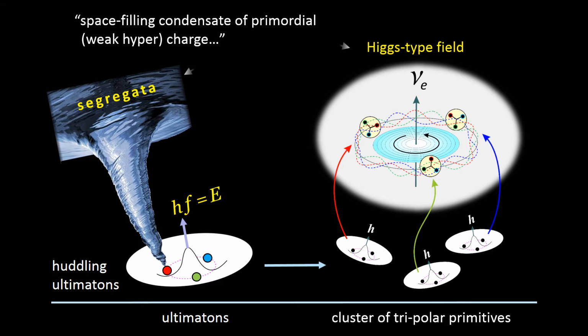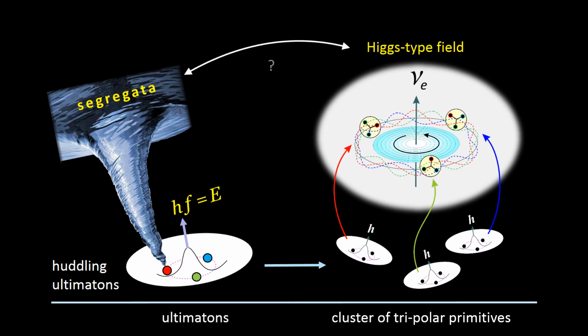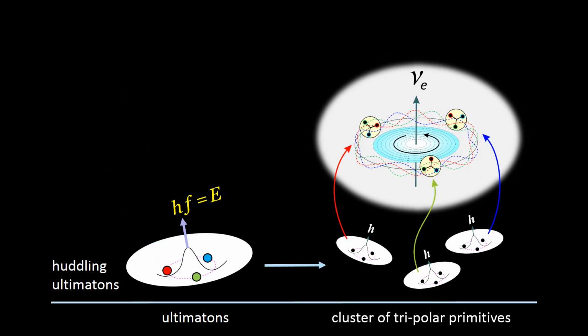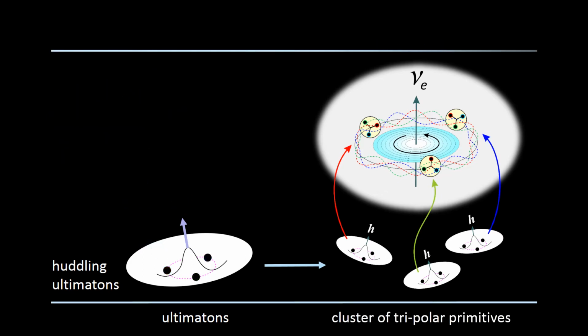Could a region dense with segregata behave locally like the sort of Higgs-type field our standard model needs? At this point, let's recall why a Higgs-type field was invented: to give a quantum property called mass to standard model particles. Does the Urantia Book say anything about how particles get mass?